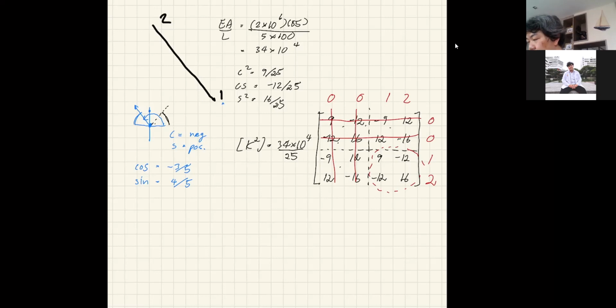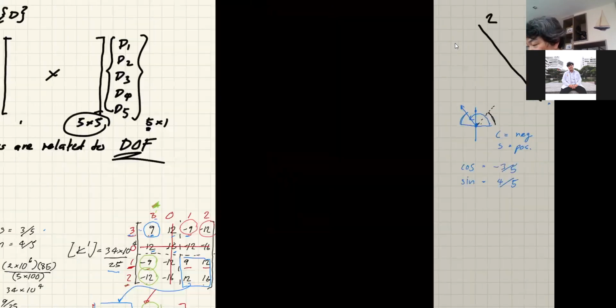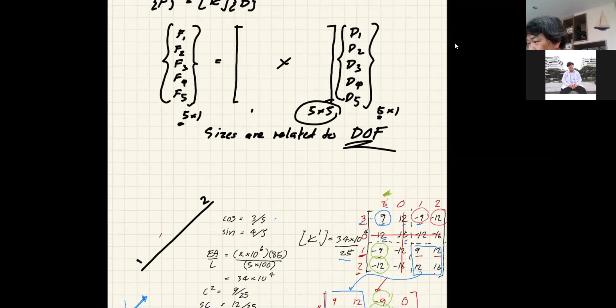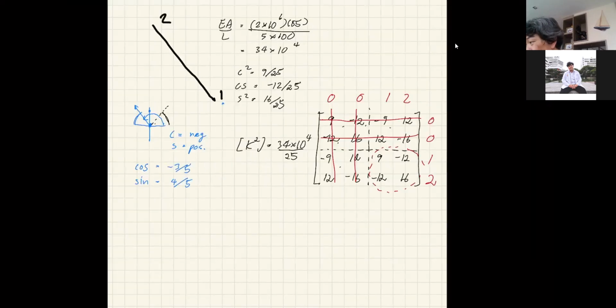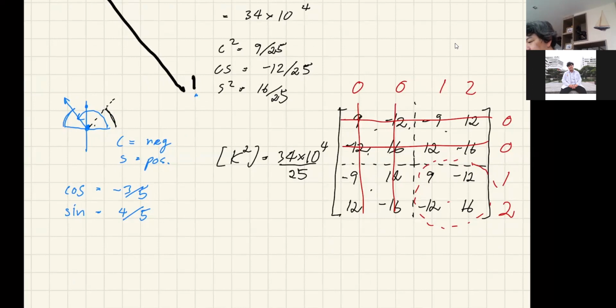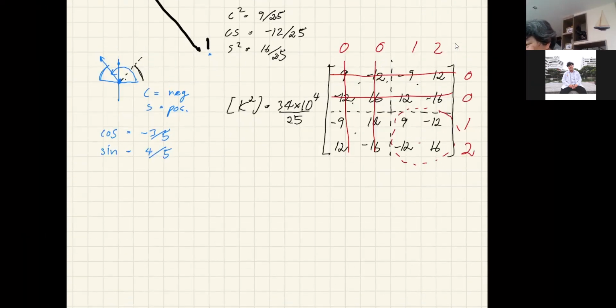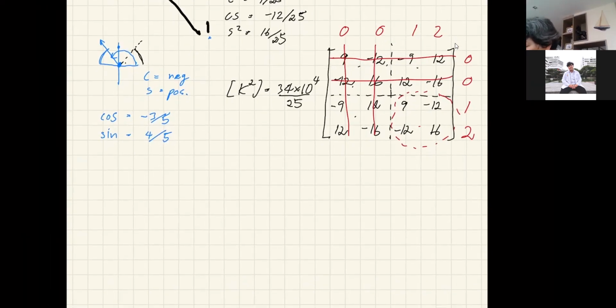We can rewrite this by bringing this out. This is the proper size: 34 multiplied by 10 to the power 4 over 25.